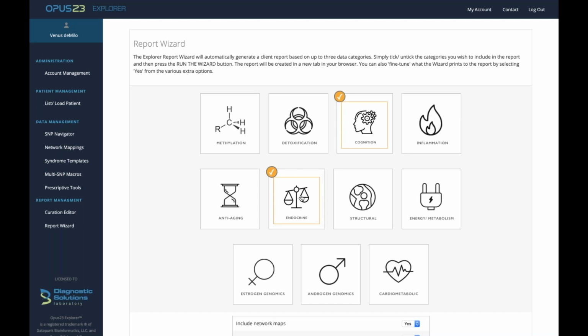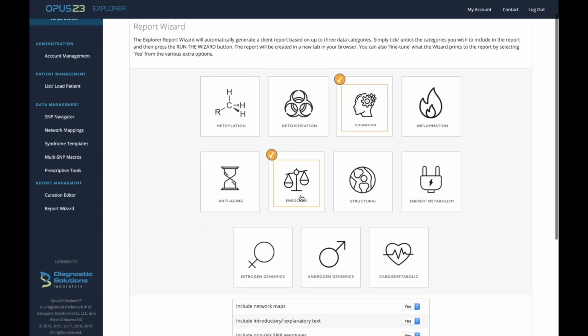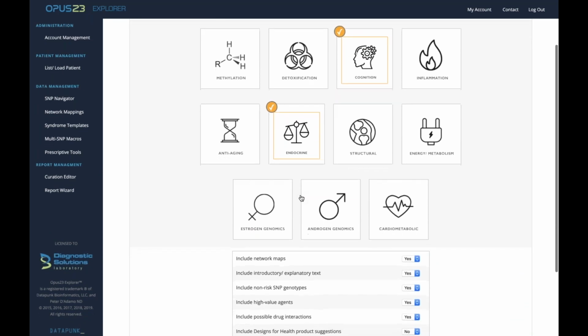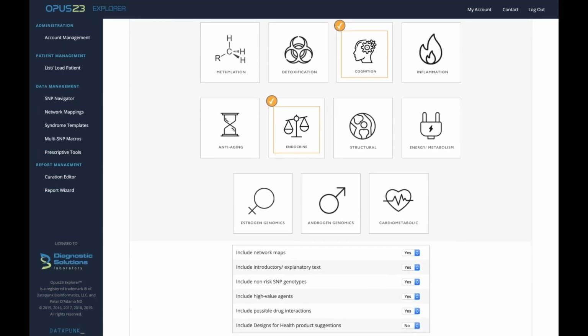So the report wizard is sort of like driving the car in automatic, where you're going to show a little bit later driving the car stick shift, where you can be more actively involved in every little nuance of what's selected to be analyzed. But on this screen, where these various boxes are shown, they're clickable boxes, correct?